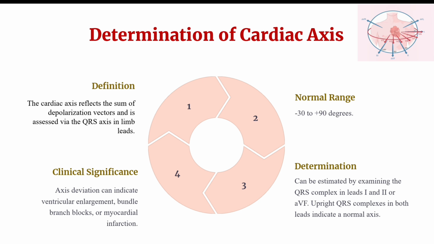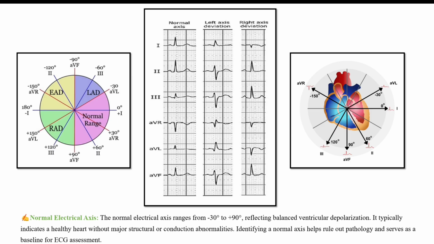Clinically, understanding the axis is crucial because axis deviation can provide valuable insights into underlying cardiac conditions. A normal axis suggests healthy ventricular conduction, while a deviation can indicate ventricular hypertrophy, bundle branch blocks, myocardial infarctions, or conduction abnormalities. This is why accurate axis determination is an essential skill for every clinician.